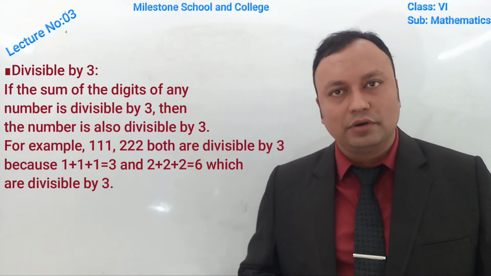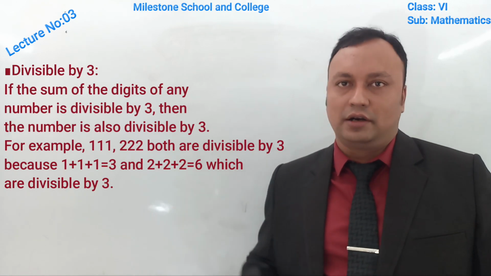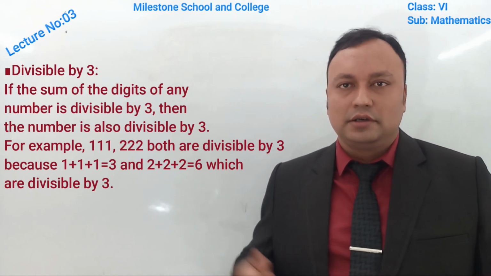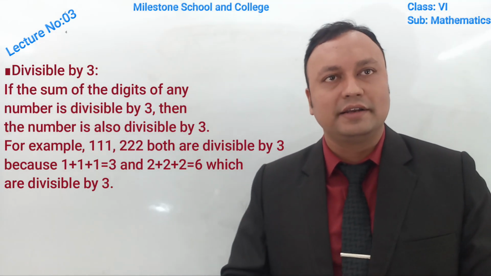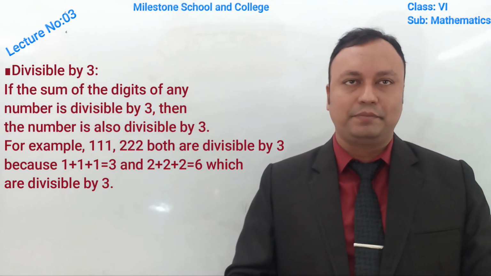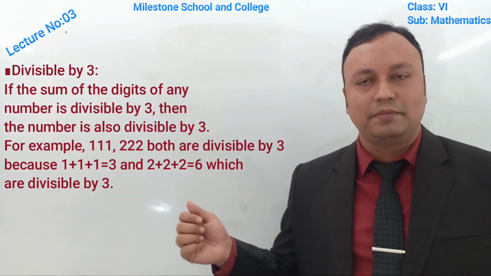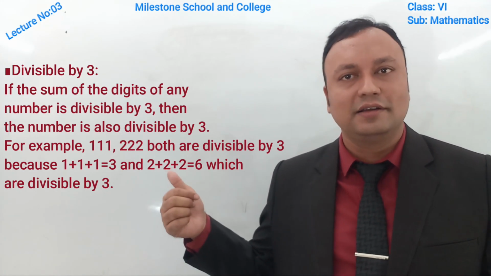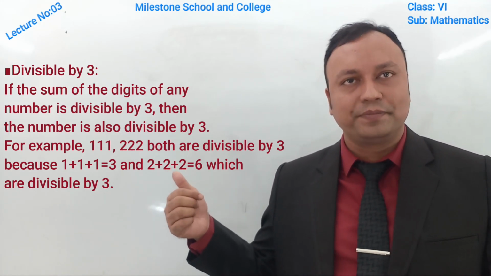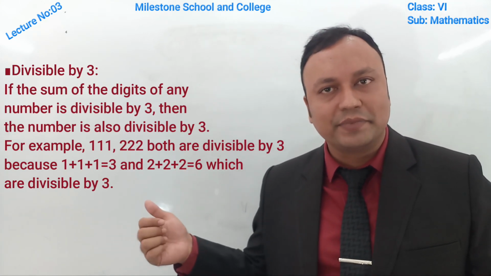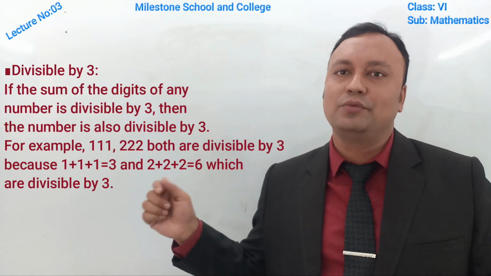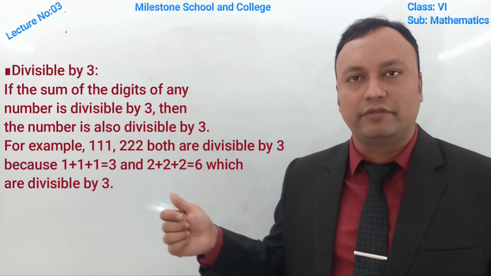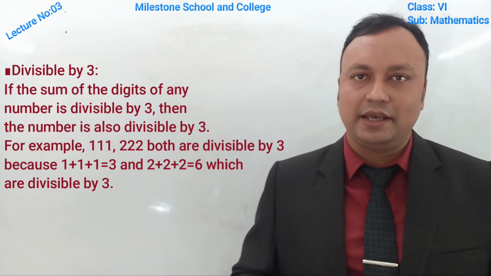For example, 111, and it is divisible by 3 because 1 plus 1 plus 1 equals 3. So this 3 is divisible by 3. So this number 111 is also divisible by 3.